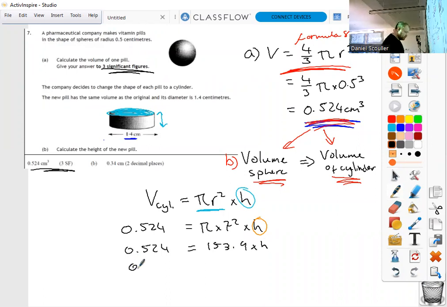Leaving h on its own, 0.524 all over 153.9. 0.524 divided by 153.9 gives you an answer of 4.34 centimeters. Because that's not 14, that is 1.4, you dummy.